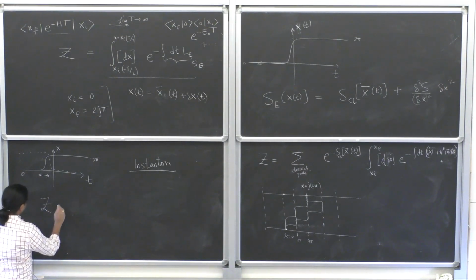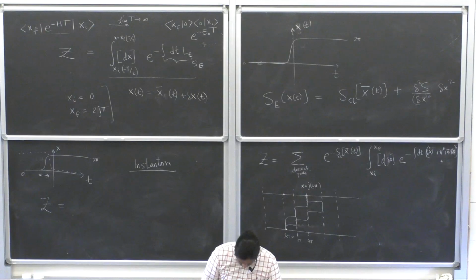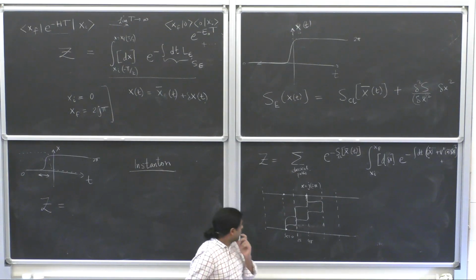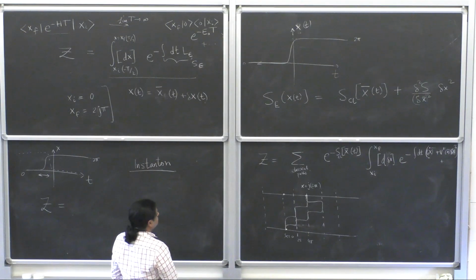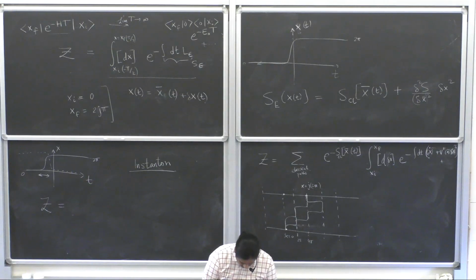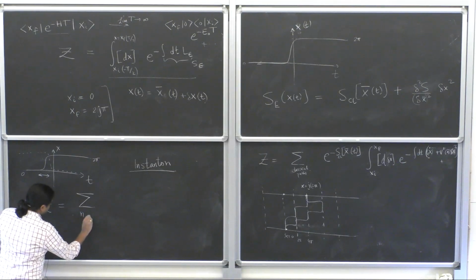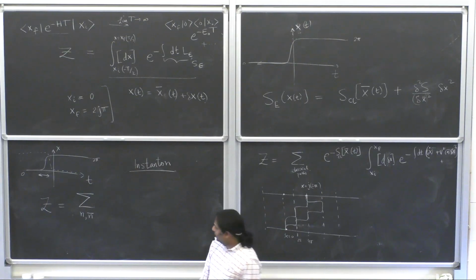So our Euclidean path integral becomes a sum over n and n bar, where there are n instantons and n anti-instantons.